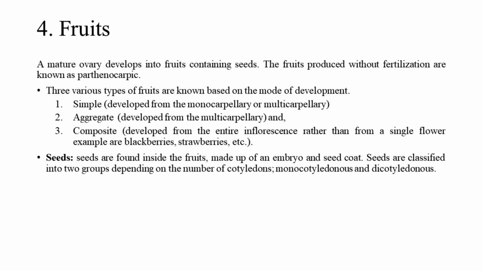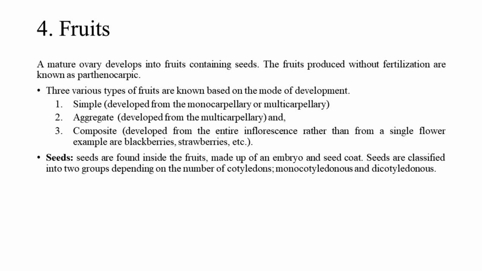4. Fruits. A mature ovary develops into fruits containing seeds. The fruits produced without fertilization are known as parthenocarpic. 3 various types of fruits are known based on the mode of development. Simple, developed from the monocarpellary or multicarpellary.